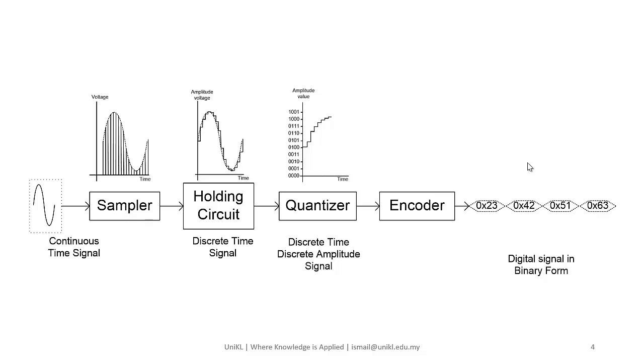From that we have the discrete amplitude signal, which is fed to the encoder. Then we have the output digital signal in binary form. The signal can be expressed in hex, for example 0x23, 0x42, 0x51, 0x63.